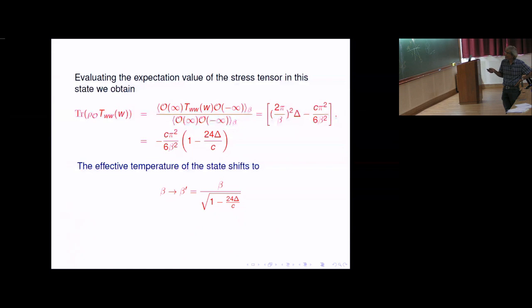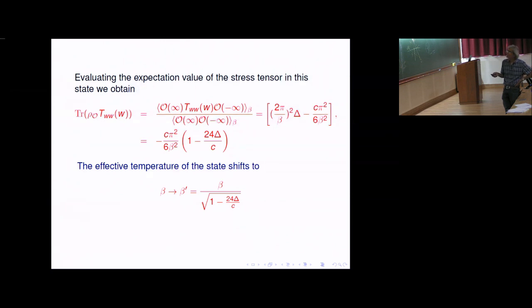You get this answer, which everybody in CFT would have done at some point. You see that the answer differs from the usual thermal C pi squared by 6 beta squared by this 1 minus 24 by C shift. So roughly speaking, the effective temperature shifts by this nice expression.